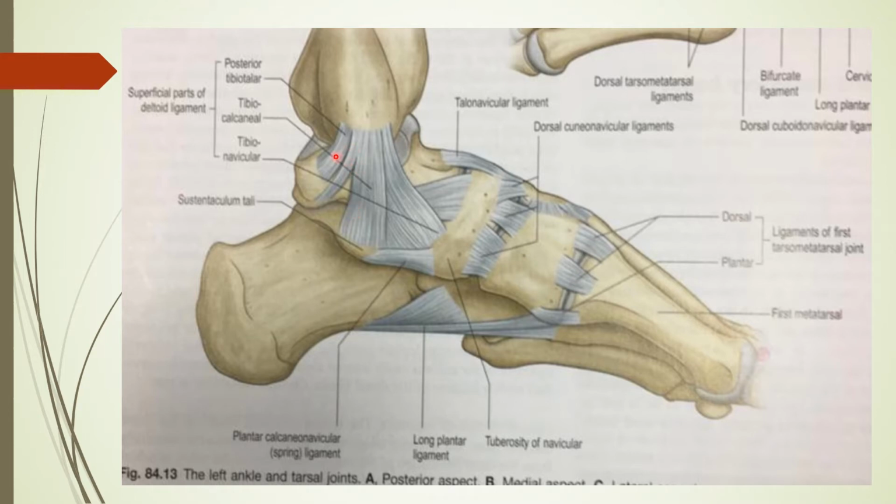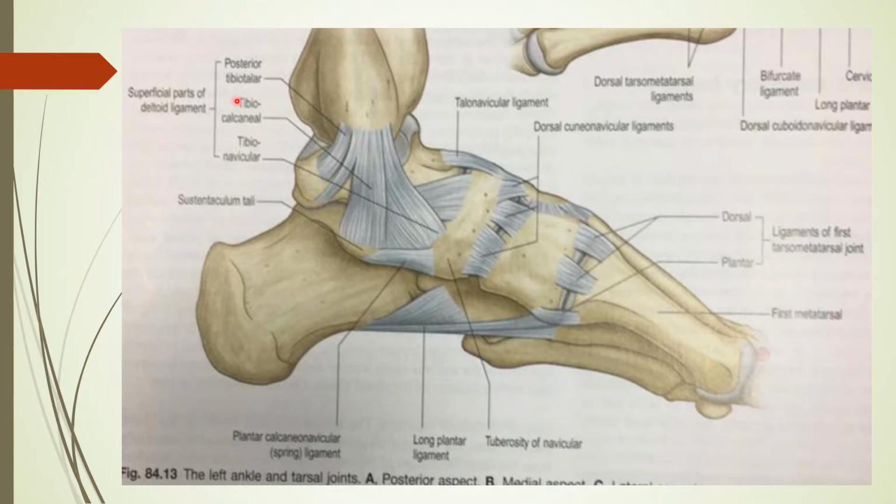This whole is the deltoid complex or deltoid ligament, which has two parts, superficial and deep. The deltoid ligament is a very strong ligament, and it maintains the stability of this joint, connecting the medial malleolus with the other bones.